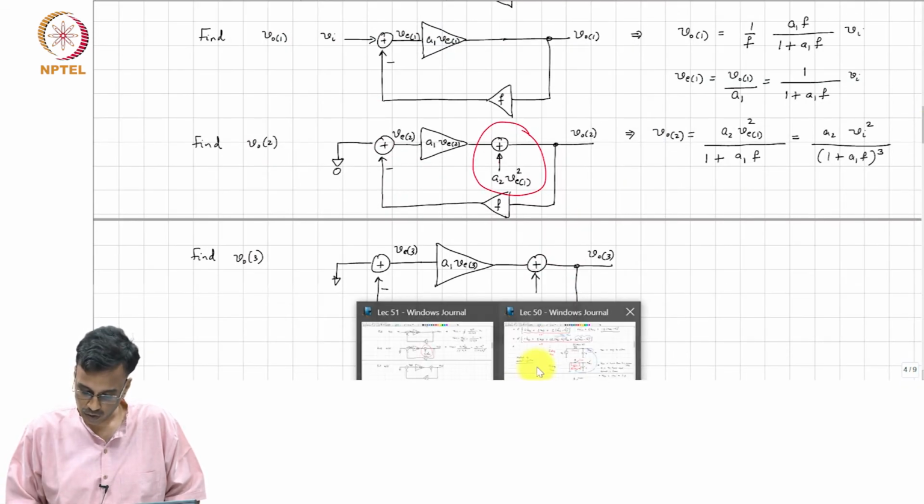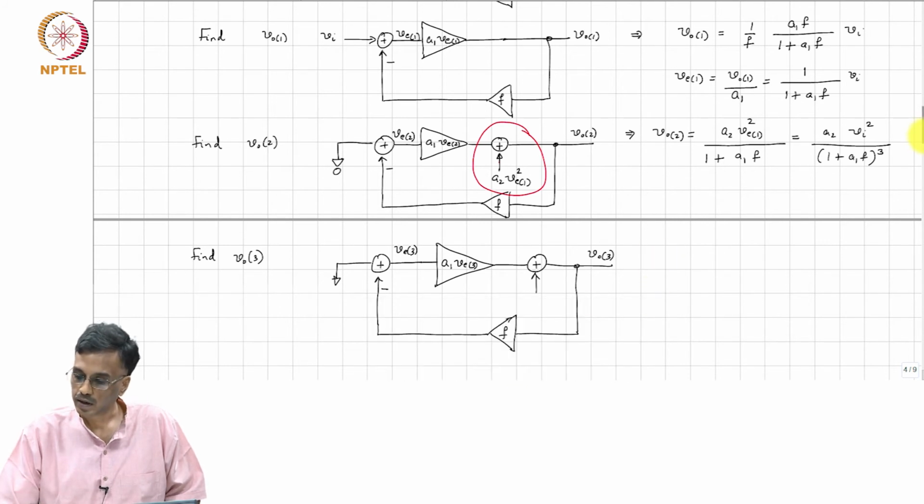And then there is a factor 2, that is the cross term, right.